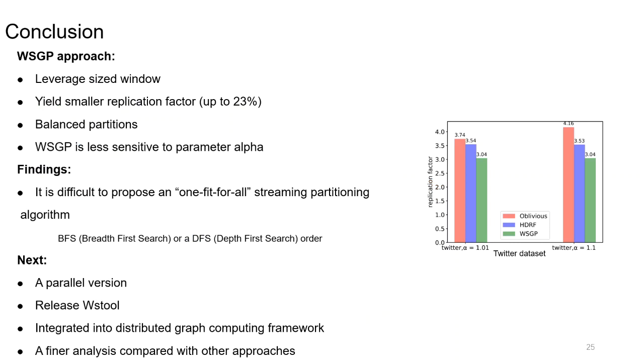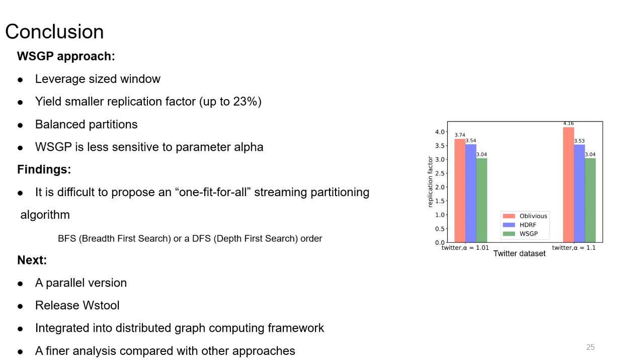So in conclusion, the WSGP approach leverages a sliding window, yields a smooth replication factor and balanced partitions. And we also found that WSGP is less sensitive to the parameter alpha. On the right graph, we can see the other algorithms are more sensitive when we vary the value of alpha.